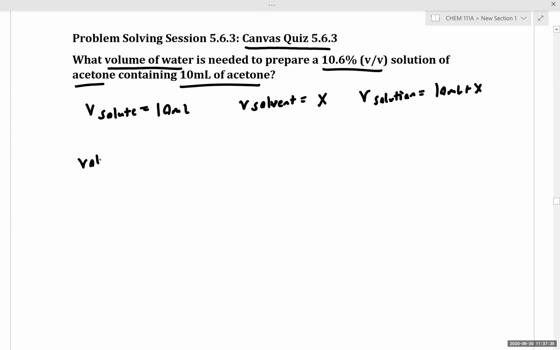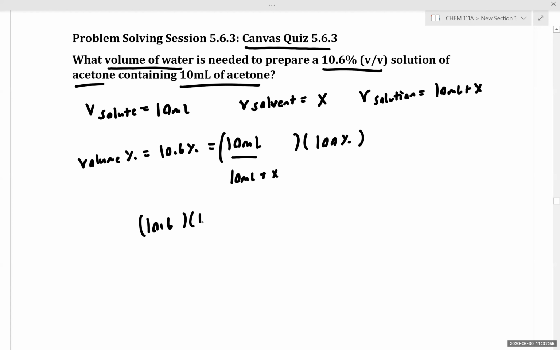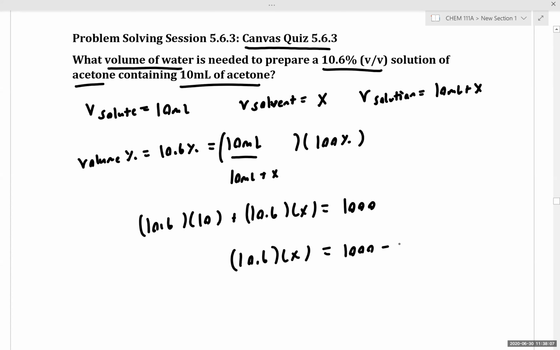So then we know that our volume percent, which is 10.6%, is equal to the volume of solute over the volume of our solution times 100%. Algebraically, we get 10.6 times 10 plus 10.6 times X is equal to 1,000. 10.6 times X is equal to 1,000 minus 10 times 10.6.